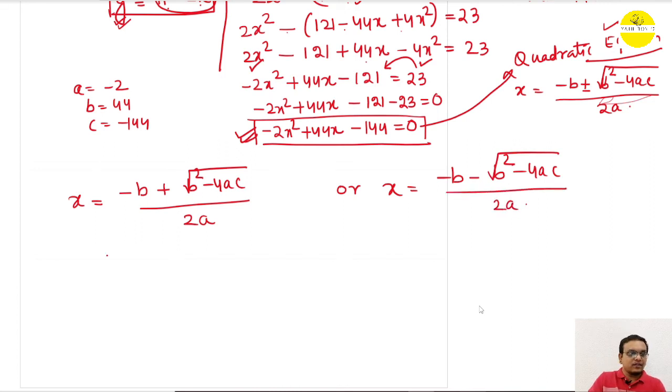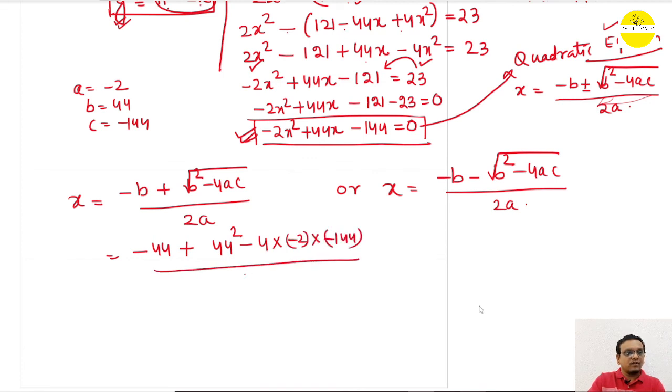Got it? Then what is the value of b? 44. See, minus is already there. So 44 plus the square root of 44 squared minus 4 times a, negative 2, and c, negative 144, right? Over 2 times a, which means 2 times negative 2.